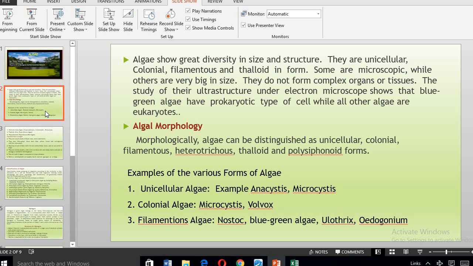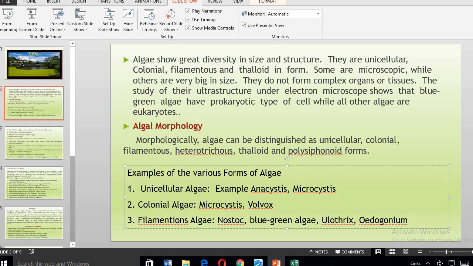Now let's look at the examples of the various forms of algae, and we'll be outlining an example in each of the categories. For unicellular, an example is anacystis and microcystis.